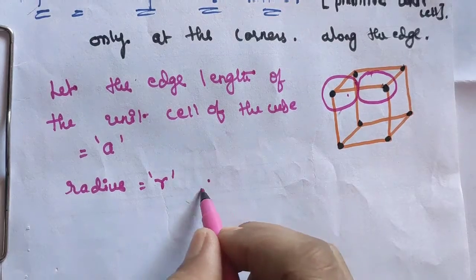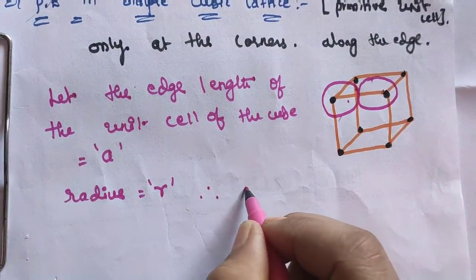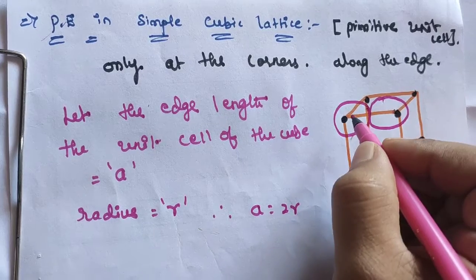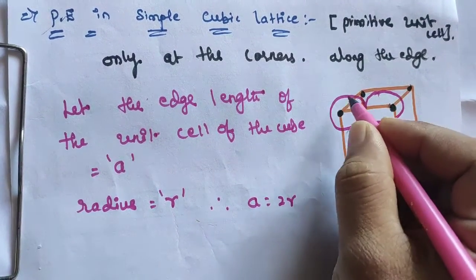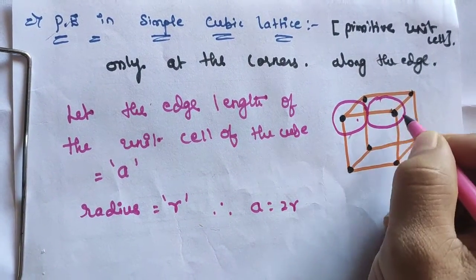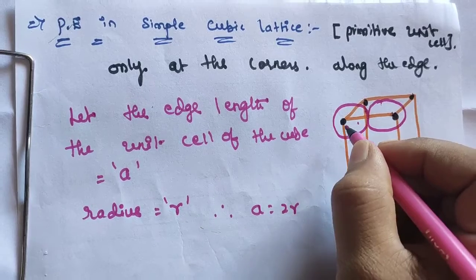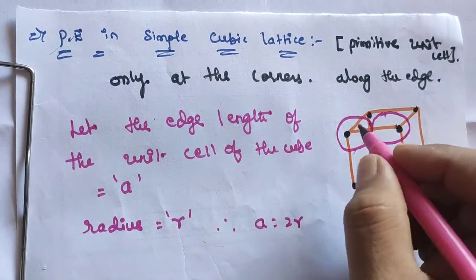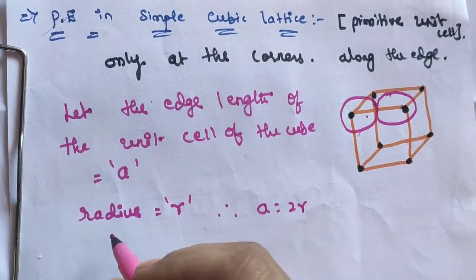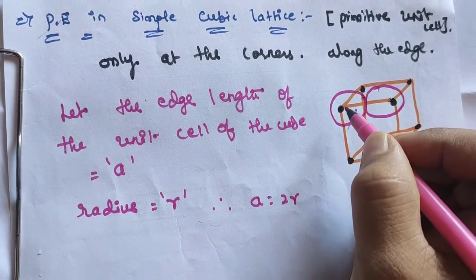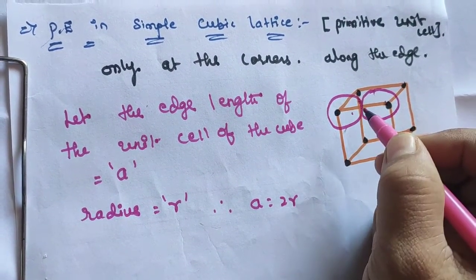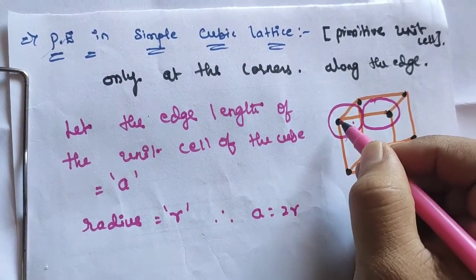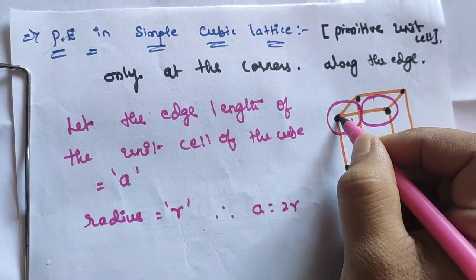Therefore we have a is equal to 2r. How is it 2r? This is one whole particle, and this is another particle. This is the center of the particle.